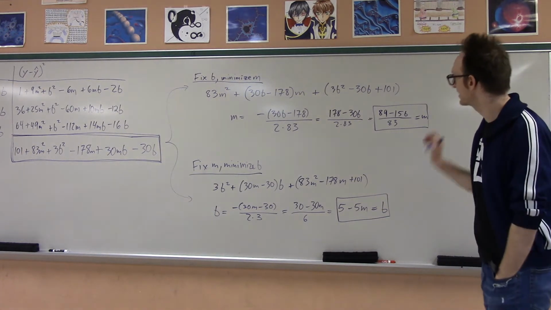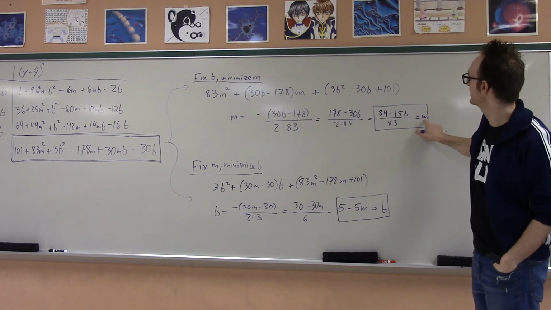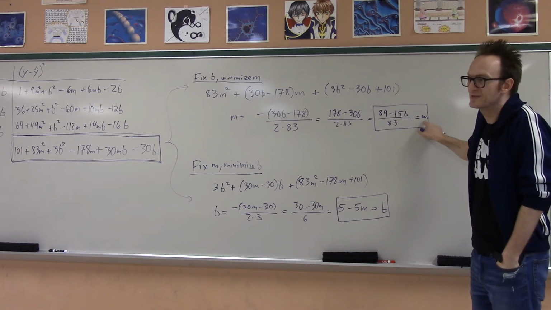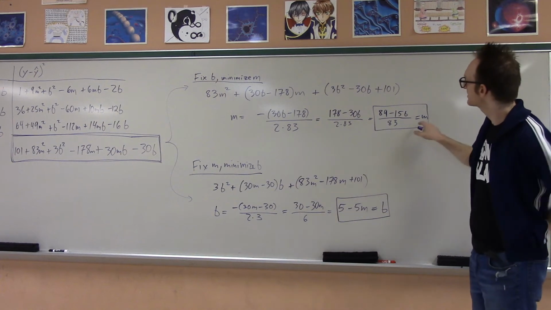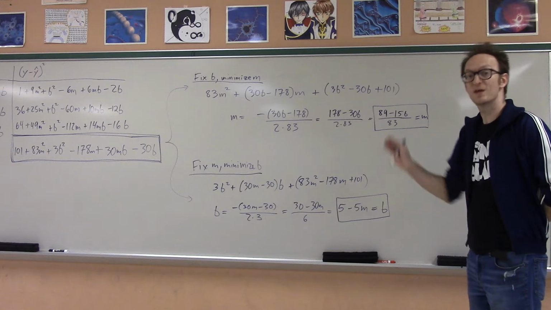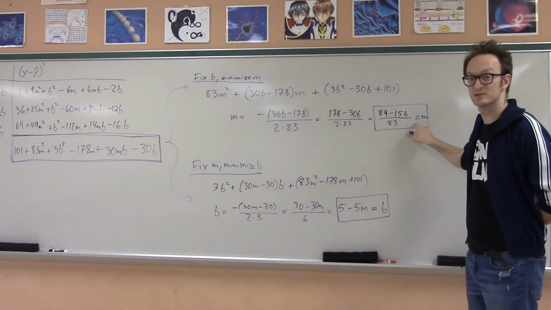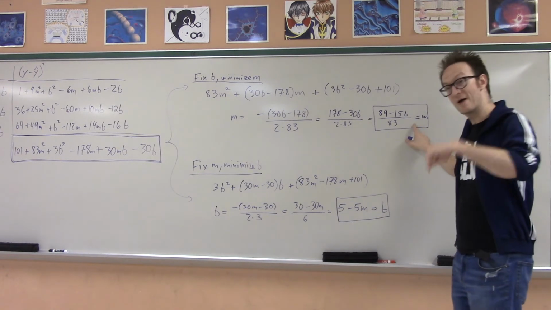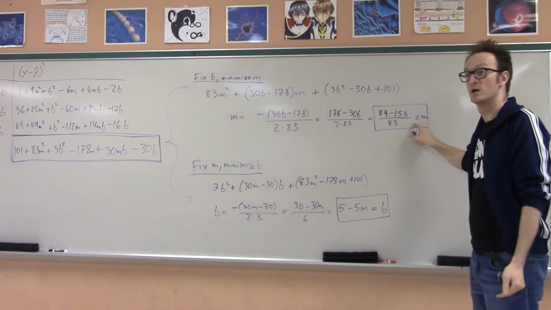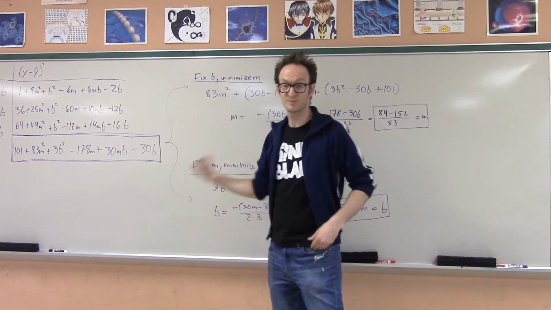And so, to be a little bit more clear about what this actual formula is, you can think of this as like a formula. What this formula says is, for any possible b, you give me a b, what this formula tells you is the m that you should pick so that our expression is as small as possible.